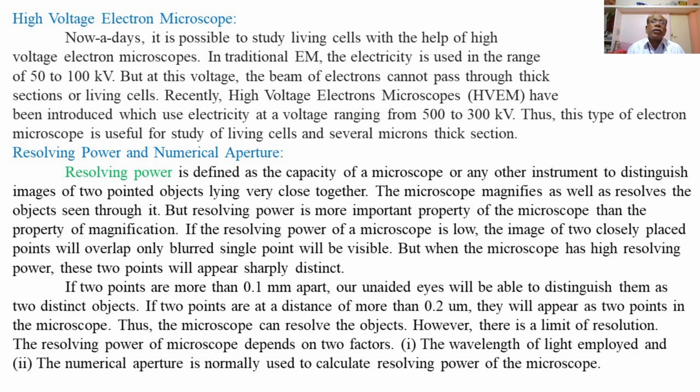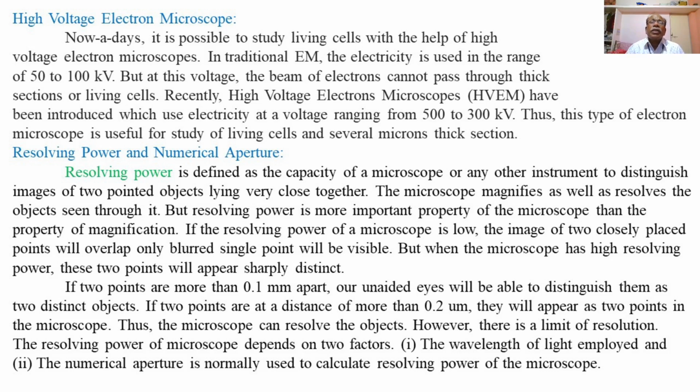In a traditional electron microscope, the voltage used is in the range of 50 to 100 kilovolt, but at this voltage the beam of electrons cannot pass through thick sections or living cells.